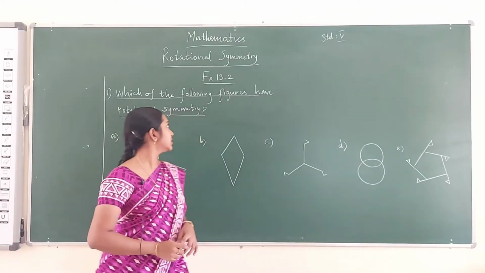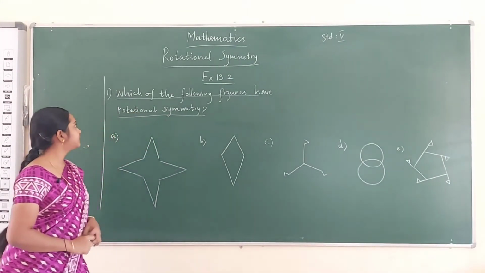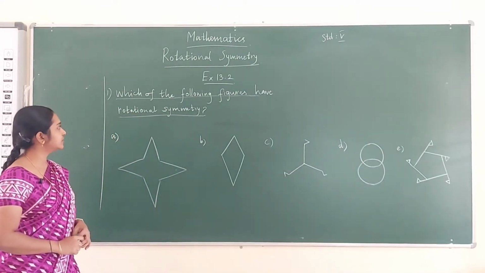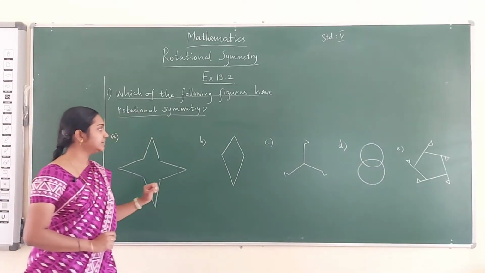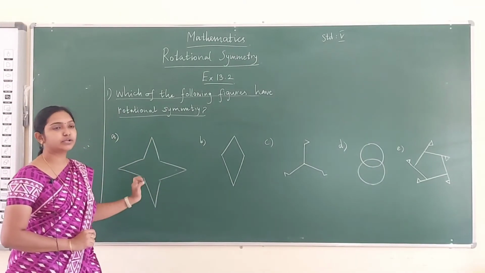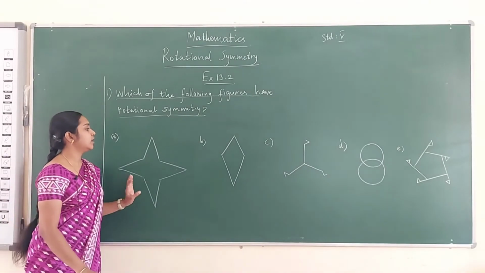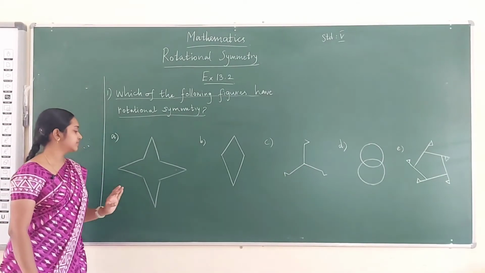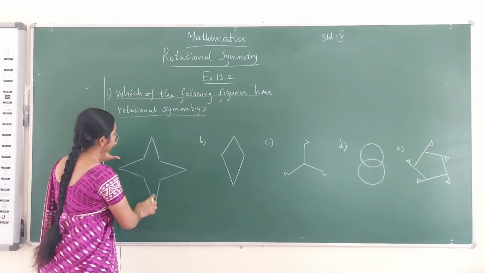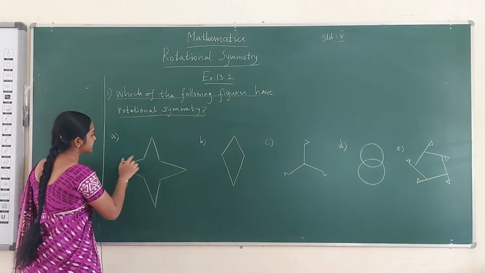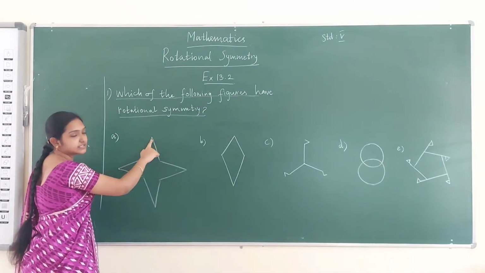Now we are going to solve exercise 13.2. The first problem is which of the following figures have rotational symmetry. Images are given. We have to find which images have rotational symmetry. Now consider this image. Imagine as if you are rotating this image. If we rotate it, this point will reach here and this point will reach this place.